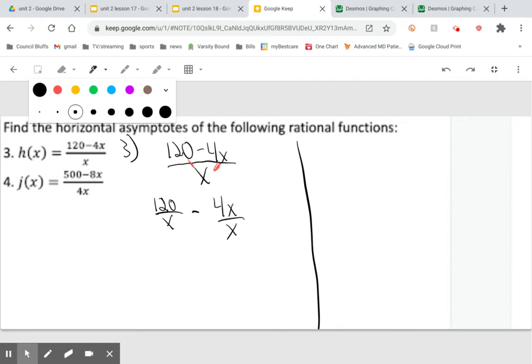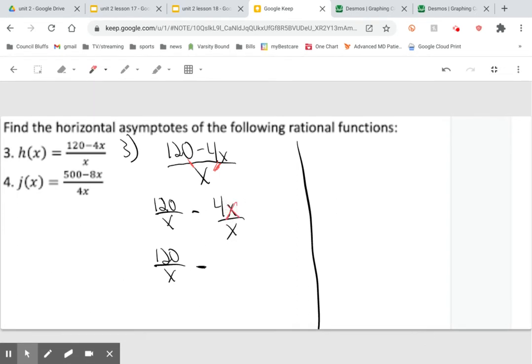Now, if I look at the first term, 120 over x, there's really no simplification I can do. But the second term I can, because I have an x in the numerator and an x in the denominator. By rule, if I have the same thing in the numerator and denominator, I can cancel those out.